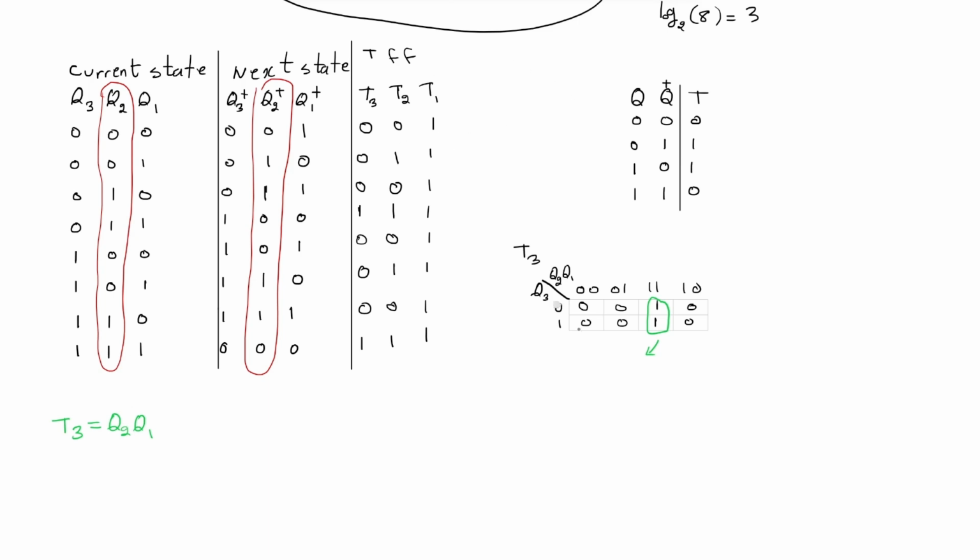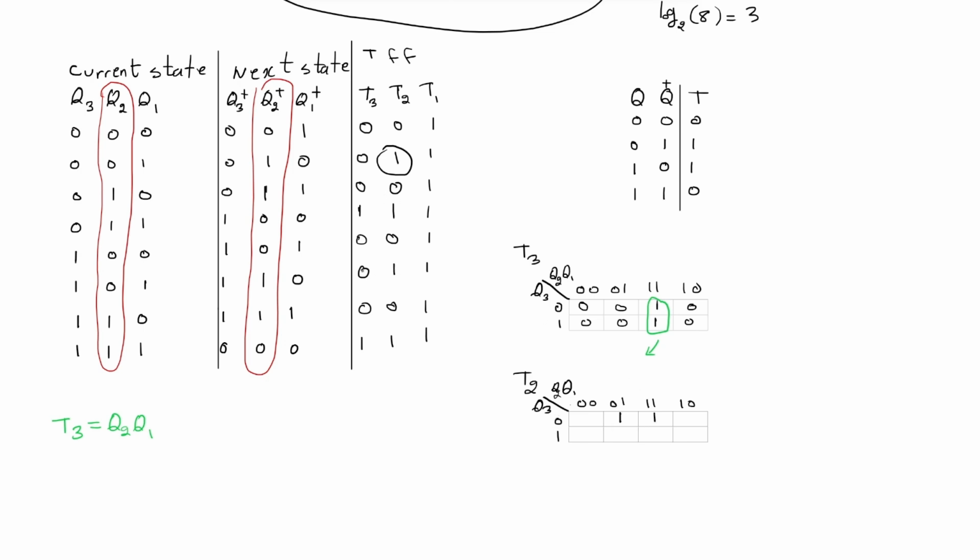Next, let's do the same for T2. Similarly, on this side is Q3, and then on this side Q2, Q1. Let's look at where T2 is 1. It's 1 in this location here, which corresponds to 0, 0, 1. Next it is 1 in this row here, which corresponds to 0, 1, 1.